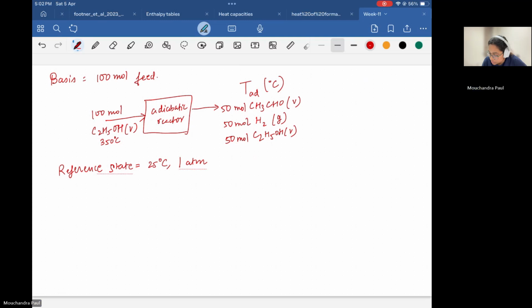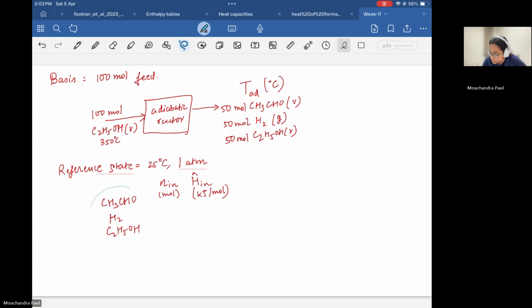So acetaldehyde, H2, and C2H5OH. These are the substances involved in this reaction. Now, number of moles that is coming in and enthalpy that is coming in. The unit of number of moles N is mole and enthalpy is kilojoule per mole, right?